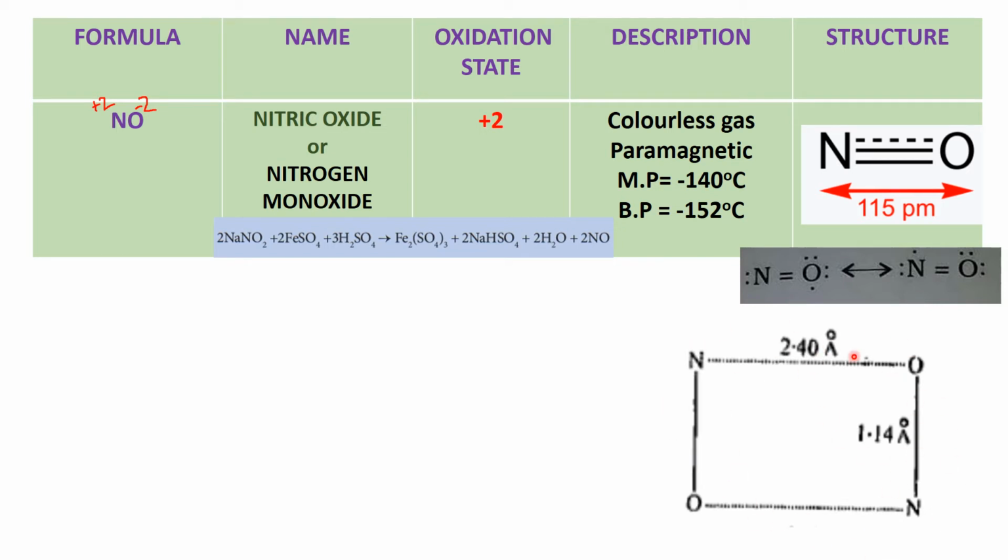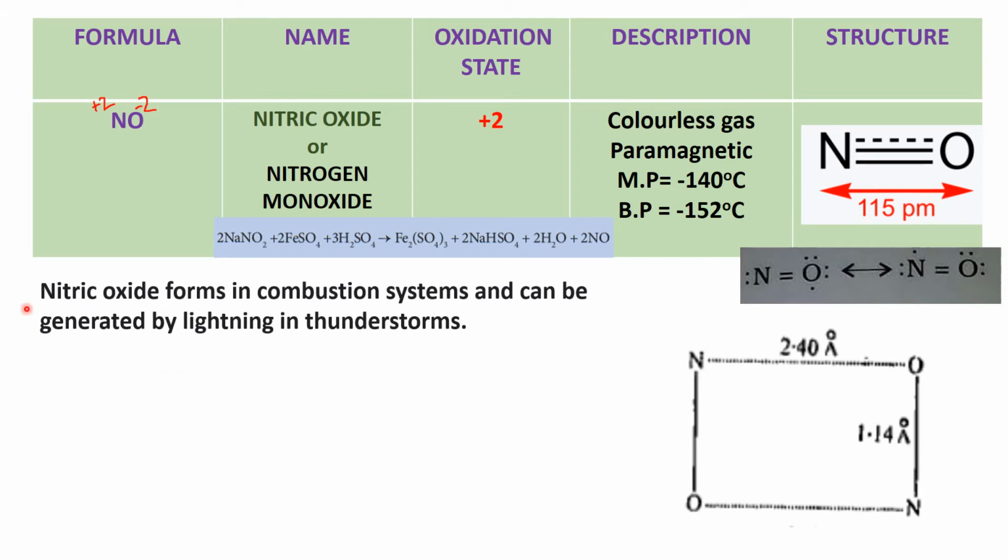So in the dimer it acts as diamagnetic, and in the gas it acts as paramagnetic. Here the nitrogen-oxygen distance is 2.40 angstrom, that is 240 picometer, and here it is 1.14 angstrom, that is 114 picometer.